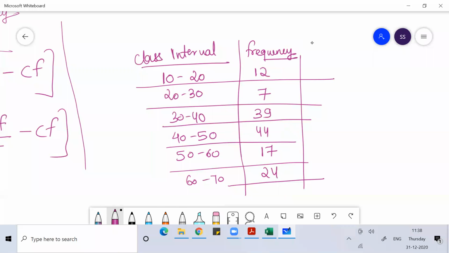This is your problem. For this problem, you have to find the quartiles. You have to find Q1, Q3. You have to find the quartile deviation. Everything you have to do for this problem.